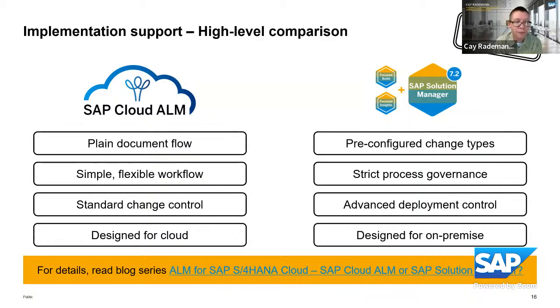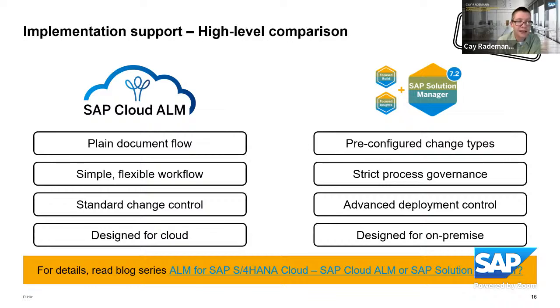The first comparison is regarding the document flow, how the documents are used to document what is happening in your project throughout the project lifecycle. Here in SAP Cloud ALM, we have just one plain document flow. We create requirements, we add user stories, we add tasks, we add test cases, and we use features later on for managing the transports.